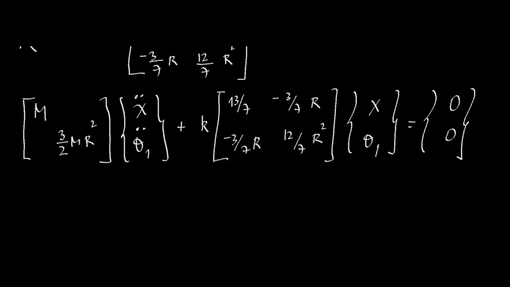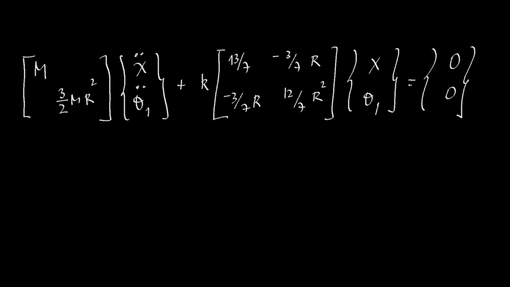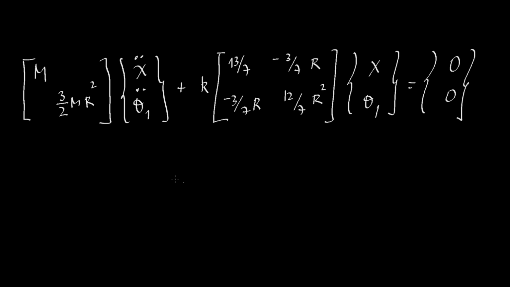Okay, from here we can find the mode shapes and the respective frequencies of oscillation simply by solving the problem of eigenvectors and eigenvalues of this system of equations. We remember that in order to do so, we have to calculate the determinant of the stiffness matrix, this K star, minus the mass matrix times omega squared, where omega is the frequency of oscillation.